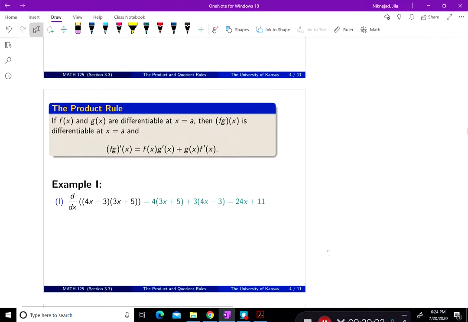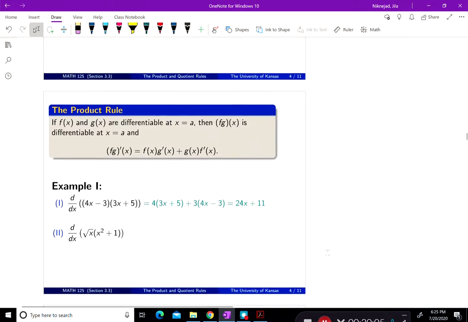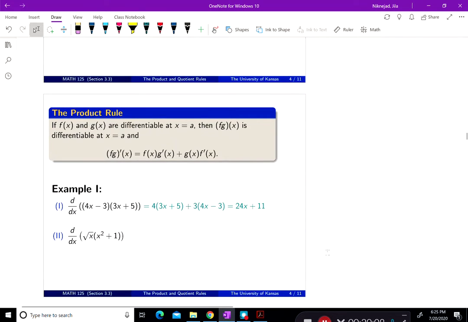Now the next question is: take the derivative of square root of x times x squared plus 1. Again, according to the product rule, this is f of x and this one is g of x. Let's say f of x times the derivative of g of x. The derivative of x squared is 2x, the derivative of 1 is 0, plus the derivative of f of x.